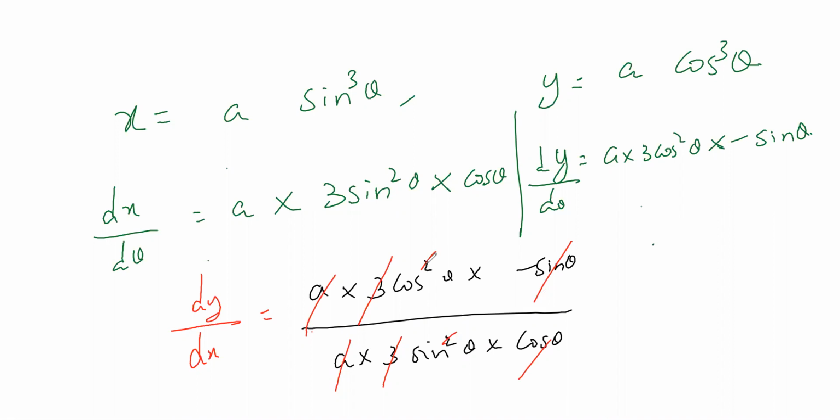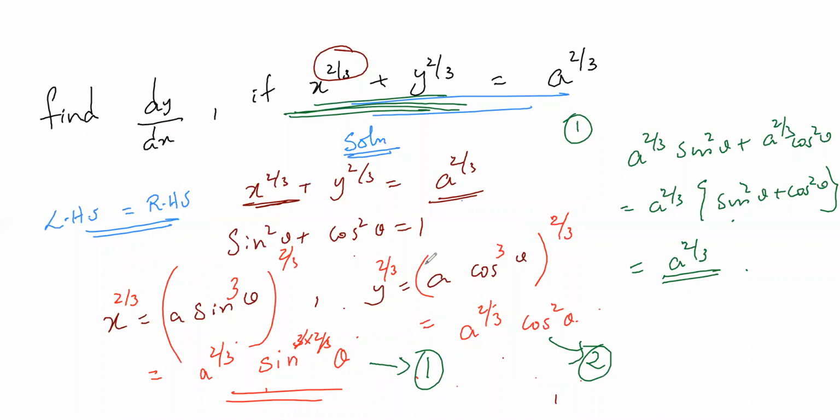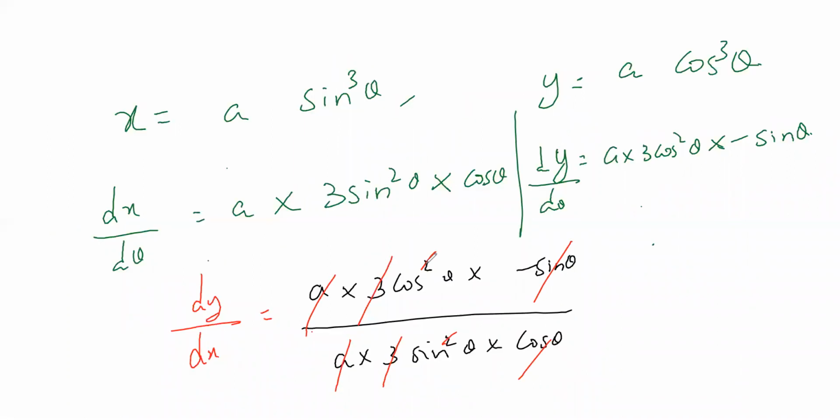So what is my dy by dx answer in this? Minus cos theta by sine theta. That is nothing but minus cot theta.